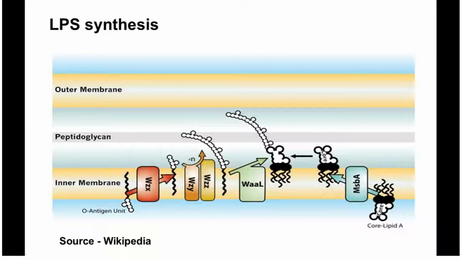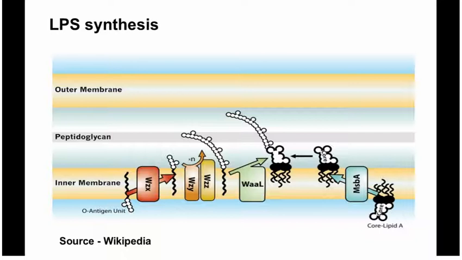Now, how is LPS synthesized? It's the same problem as for the synthesis of peptidoglycan. It's a complex polymer. It's got to be exported outside the cell. But there's no source of metabolic energy outside the cell.